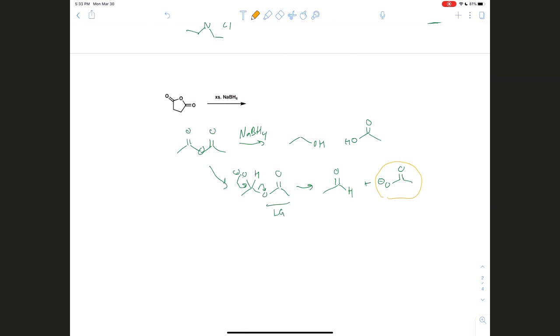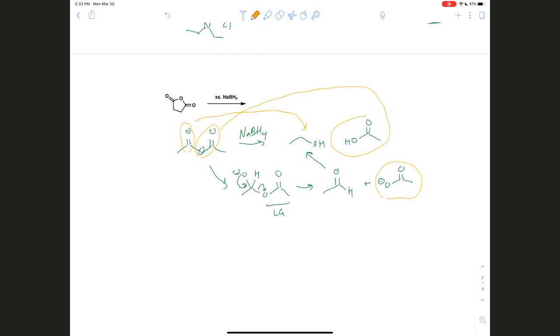This aldehyde, though, it can be reduced more by sodium borohydride. So after workup, one of the carbonyl groups gets turned into an alcohol, and the other carbonyl group essentially is a leaving group, and it goes to a carboxylic acid.